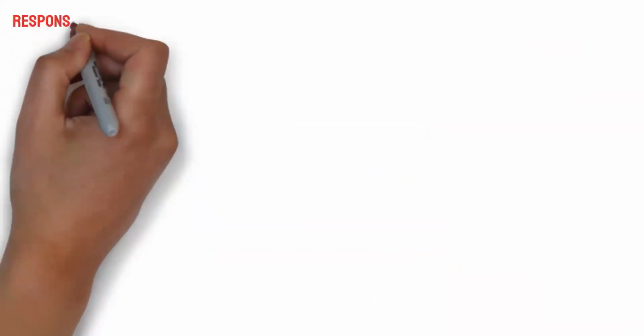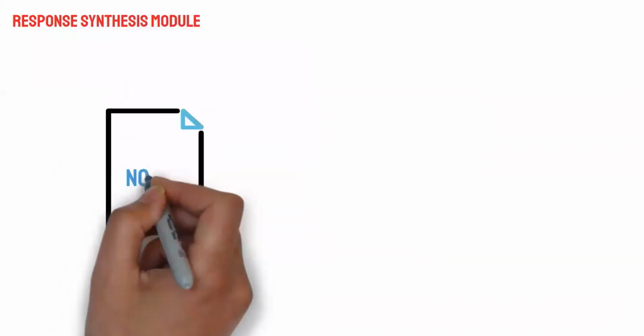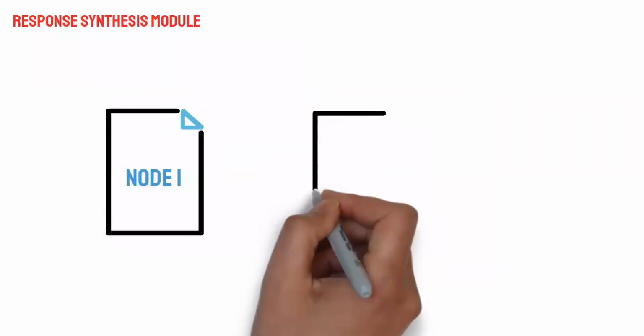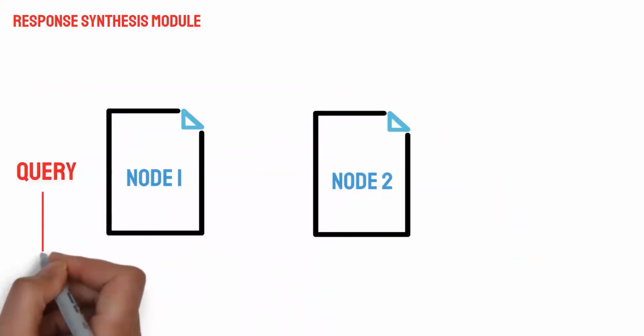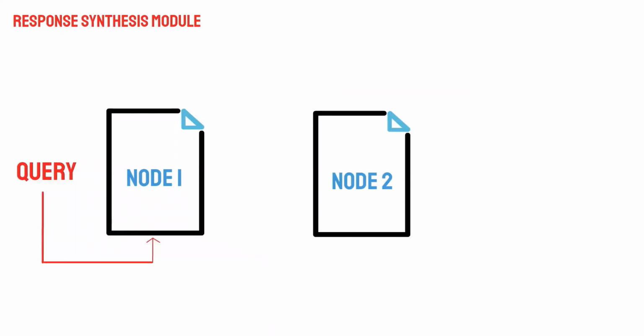And let's see what happens in the response-synthesis module. Let's say we have top k retrieved nodes based on similarity, and here k is 2. We pass the query and the text present in node 1 to the LLM and ask it to answer the query. Let's call this answer 1.